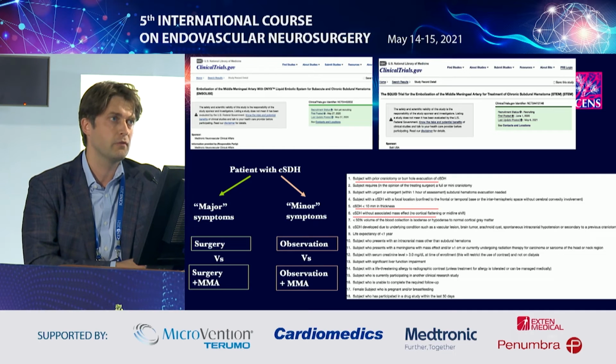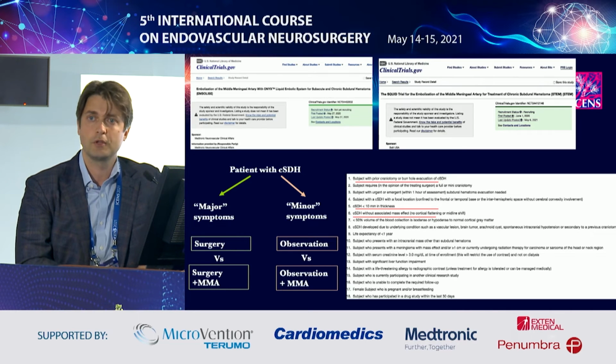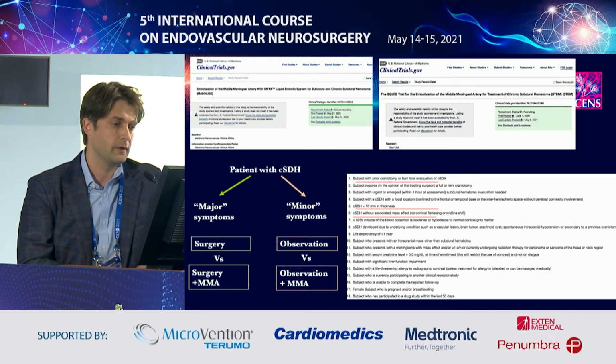We do not have any randomized trials or prospective trials for patients with subdural hematomas treated by embolization.